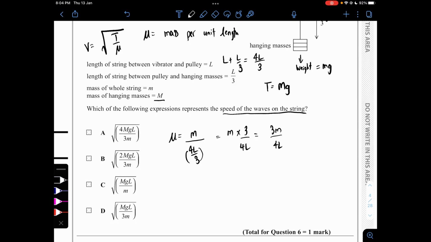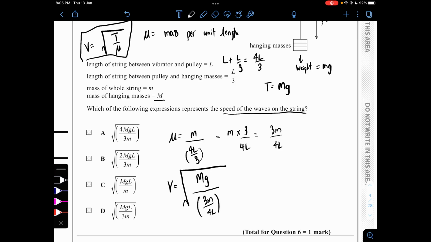Right? So now we can put them all back into the original formula. So V would be equal to the square root of T, which is capital Mg, divided by 3M over 4L. Again, we're dividing by a fraction, so we multiply by its reciprocal.